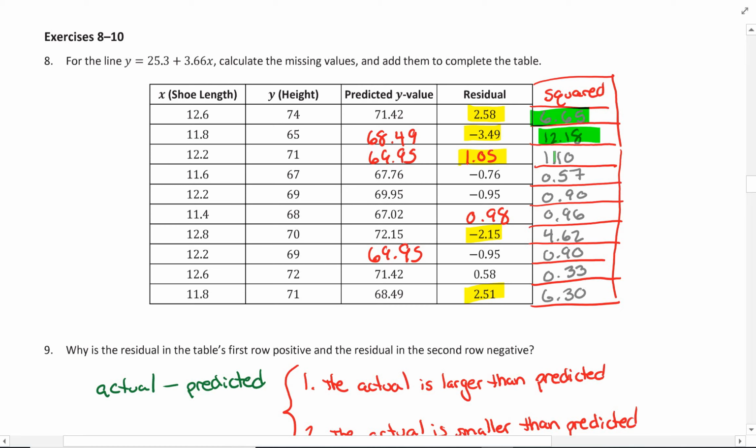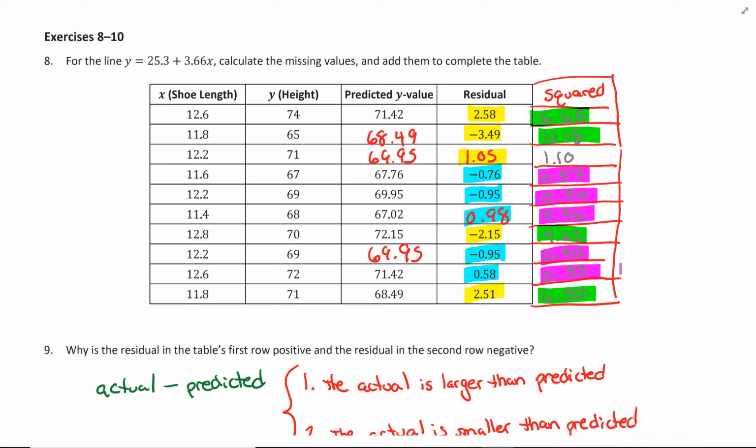That's also large. That was not so bad. Well, that got bigger, and this got bigger. But look at the numbers that are between -1 and 1. The numbers very close to the line with small residuals, they got even smaller.